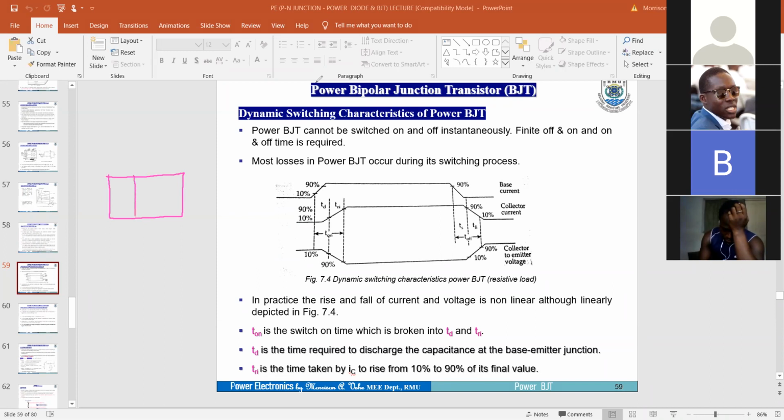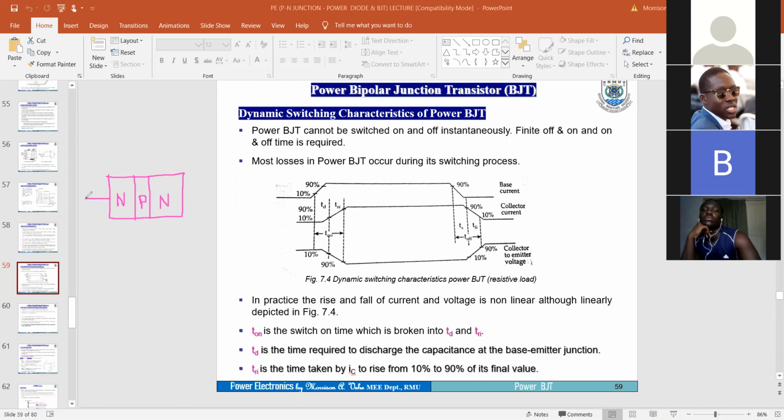Okay, so this will be my N, and then this will be my P, and then this is another N. So this will be my base.